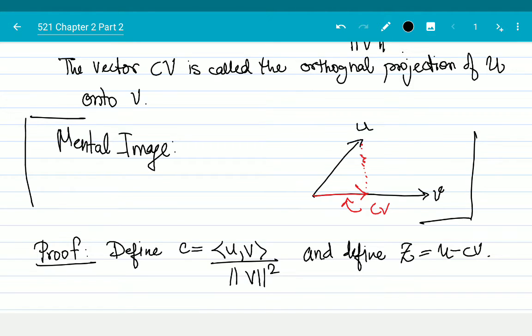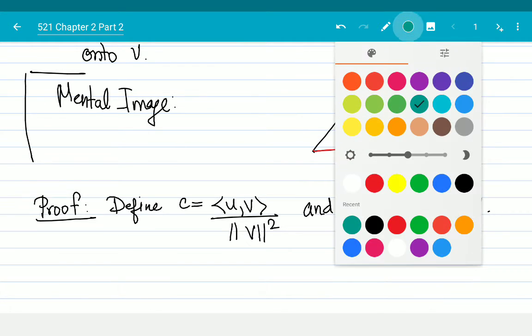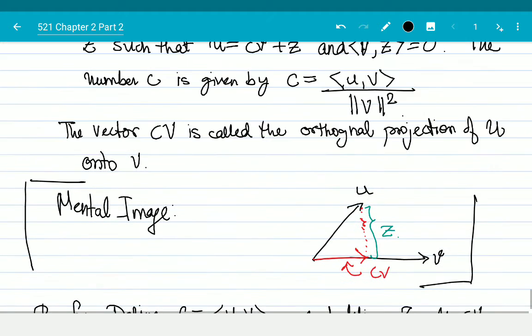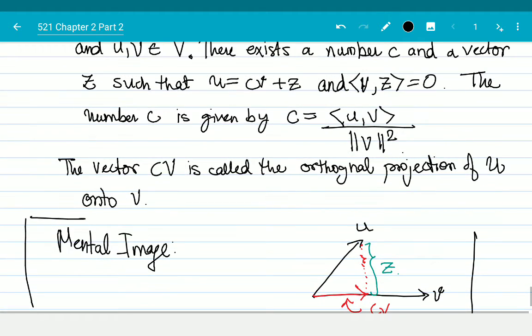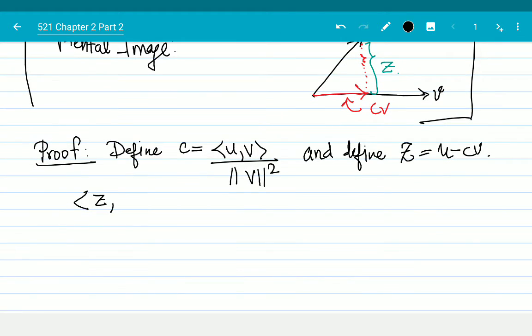Then what should hold true? Well, CV is the parallel part of U, and whatever is left is going to be my Z. I just want to show the product of Z comma V, or as we said, V comma Z. So let me go with V comma Z.